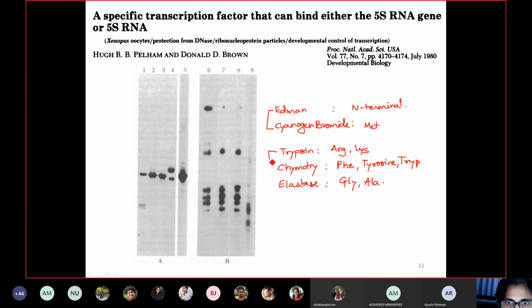So all these different peptidases or reagents are used to find out what kind of polypeptide chains are there in a bigger protein molecule.